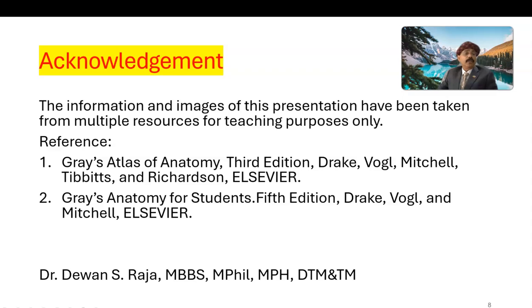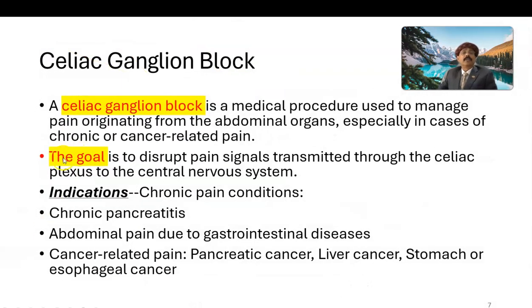So we have to know some clinical significance. Celiac ganglion block is important to us. Celiac ganglion block is a medical procedure used to manage pain originating in the abdominal organs, especially in cases of chronic or cancer-related pain.